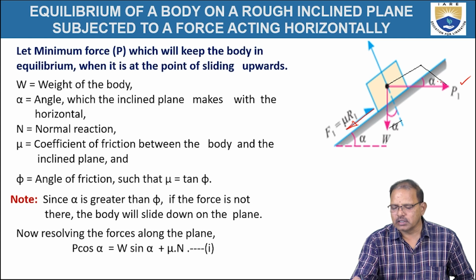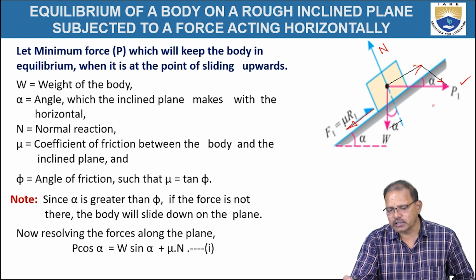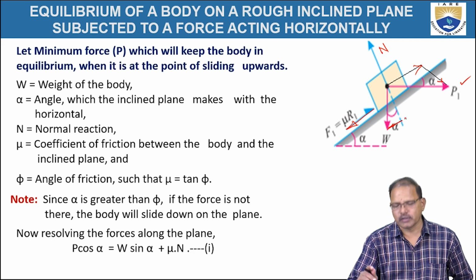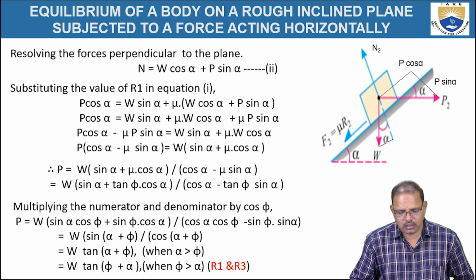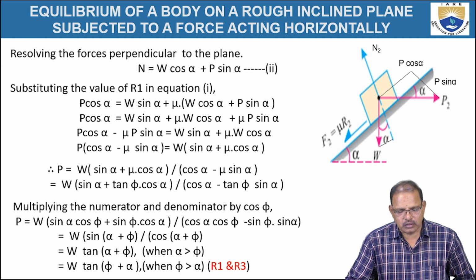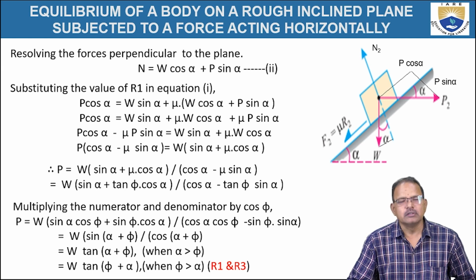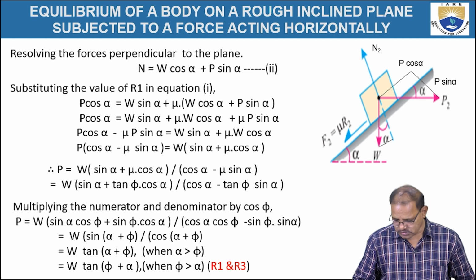It results in two components, where N represents the normal reaction and W represents the weight, as shown in the figure. From this, we get the minimum force P given by W tan (phi plus alpha).